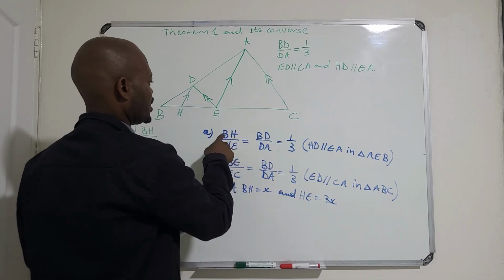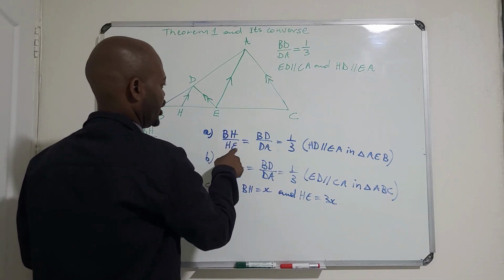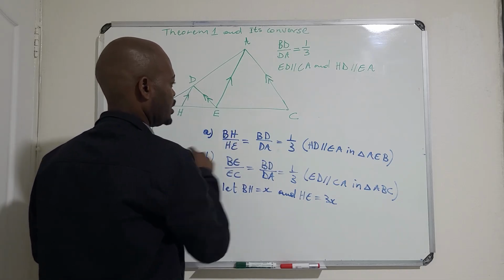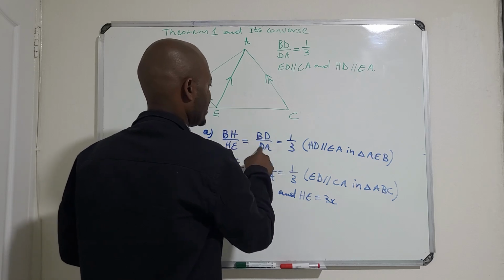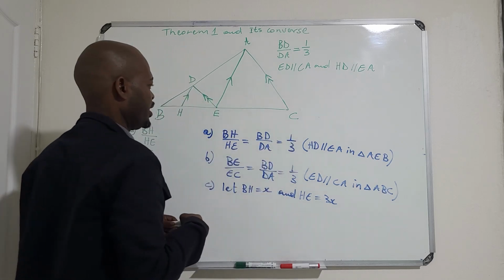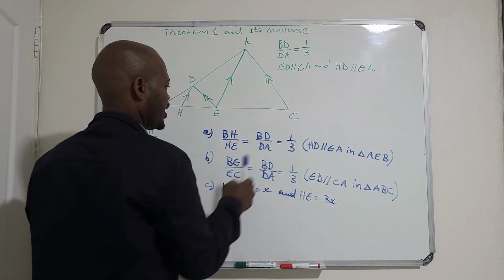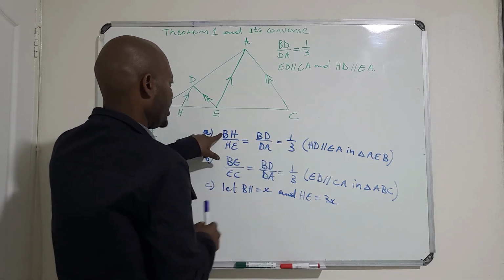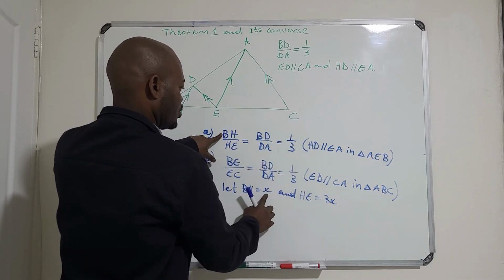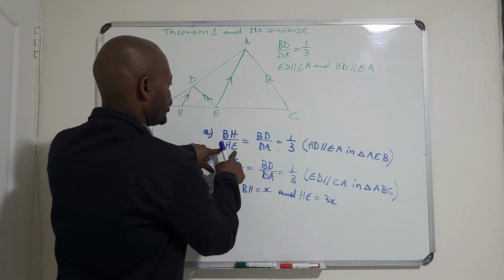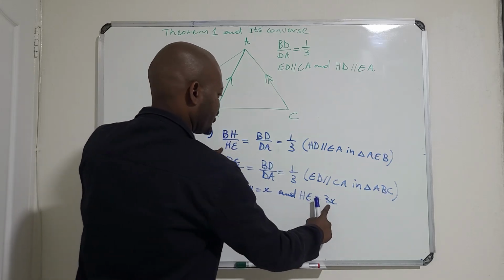Since we have BH over HE equal to BD over DA equal to 1 over 3, BH we let be X and HE we let be 3X.